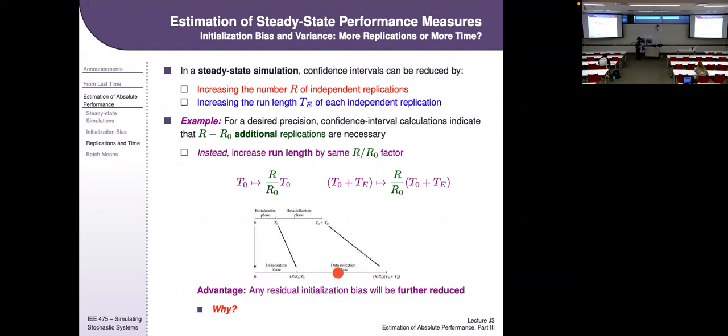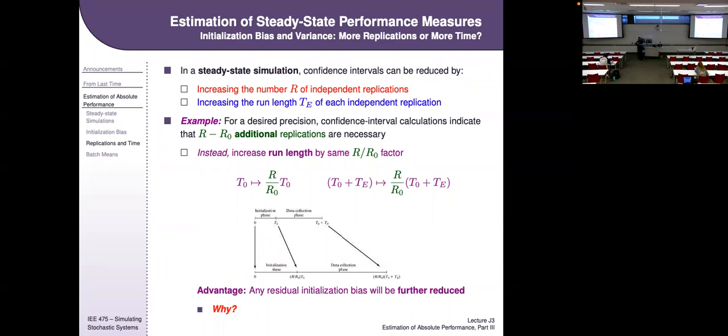Because they're going to collect more data, the variance per replication will decrease, and that's what's going to reduce my confidence interval size. But what's nice about this is it also actually throws out more data. And so my initialization bias will also decrease.